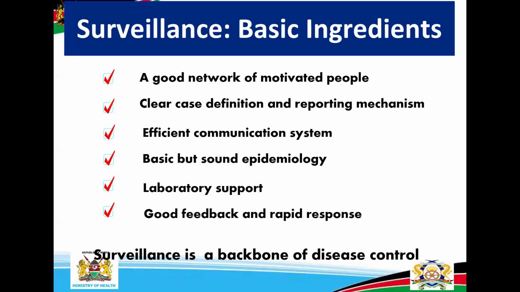You need to have the lab. So once you detect a case, you need to collect samples and take them to the lab for testing. So the turnaround time and the availability of equipment for testing, all these are needed for us to have a robust surveillance system in a region or in a country.